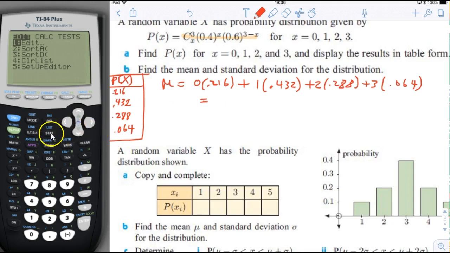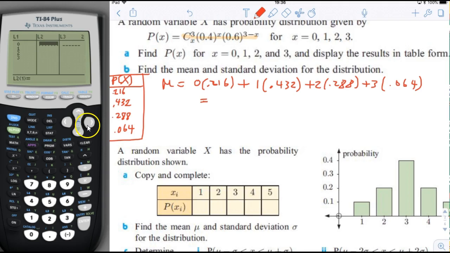Let me just show you how to do this on the calculator now that I set it up. If you get this on the exam, by writing this out, you could get partial credit even if the calculator doesn't work out. So I'm going to put in the numbers here: 0, 1, 2, 3.